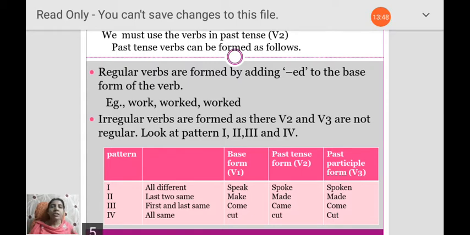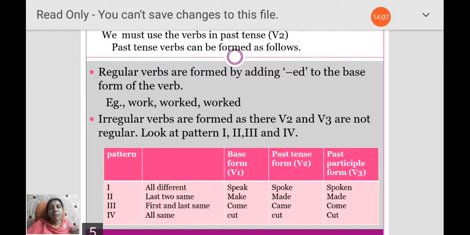And now let us look at another one, that is irregular verbs, because their V2 and V3 forms are not regular ones, ed is not added in those.